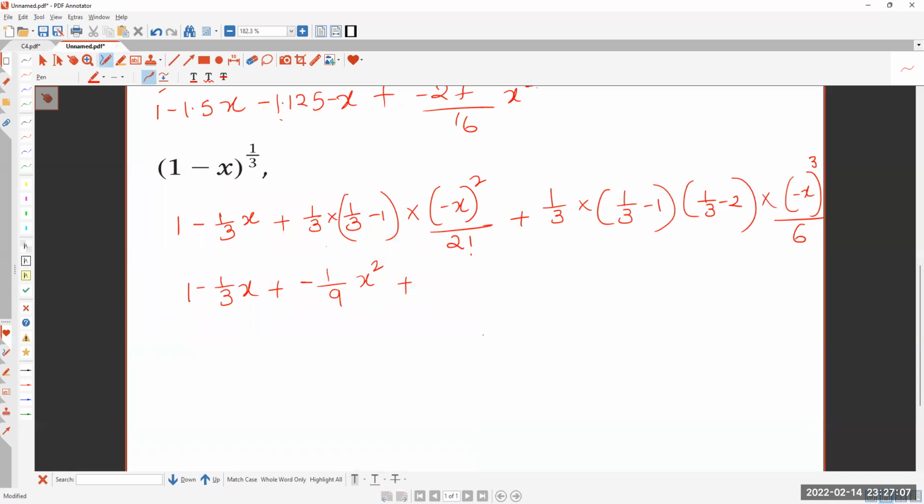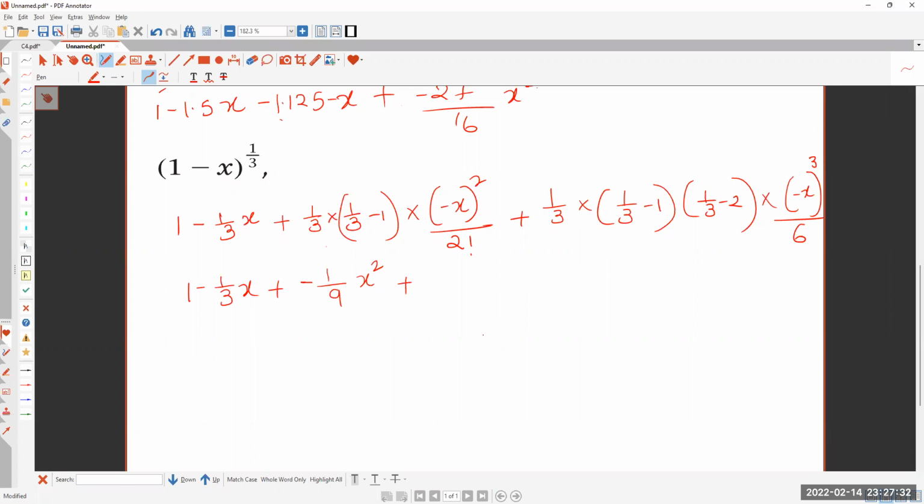Again, 1/3 multiplied by (1/3 minus 1) multiplied by (1/3 minus 2) close bracket multiplied by (1 divided by 6) whole cube. Okay, there is a sign over here.